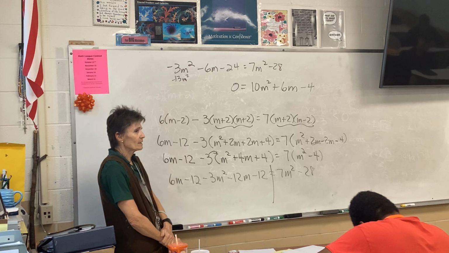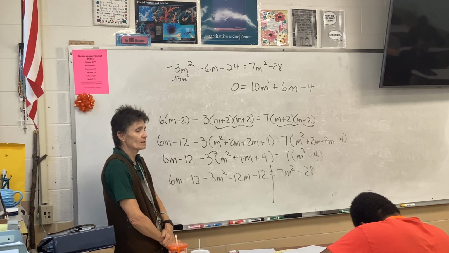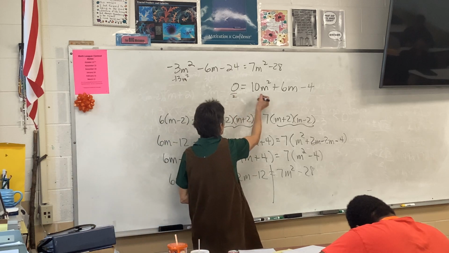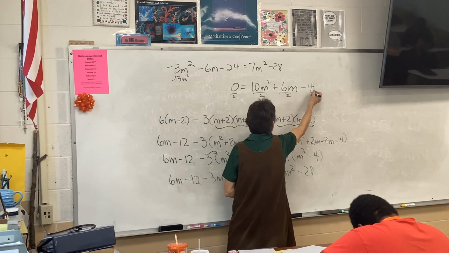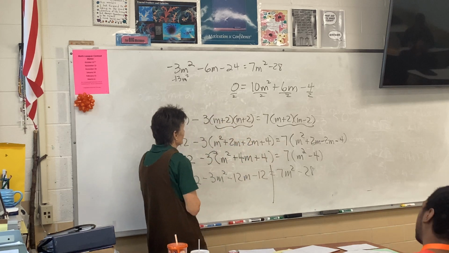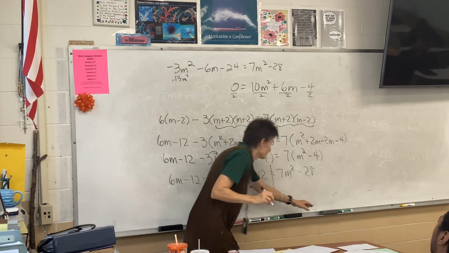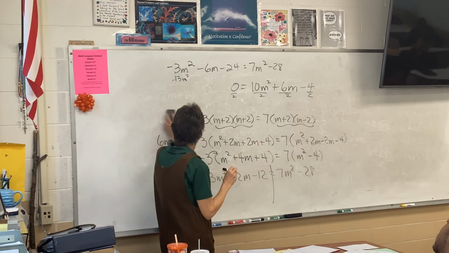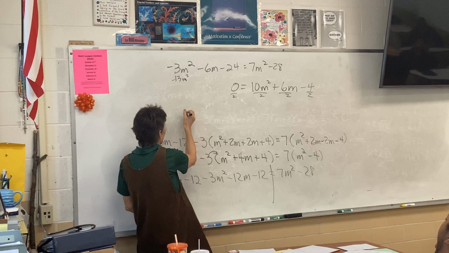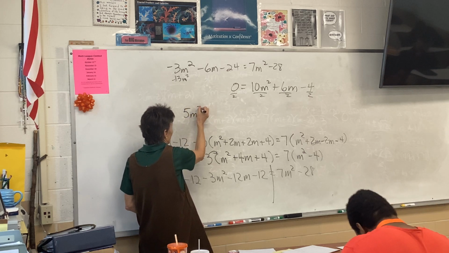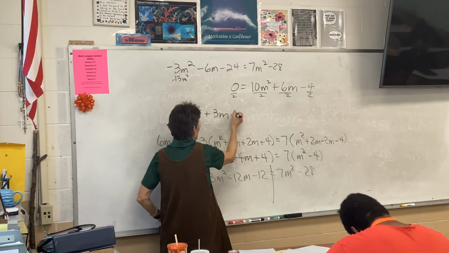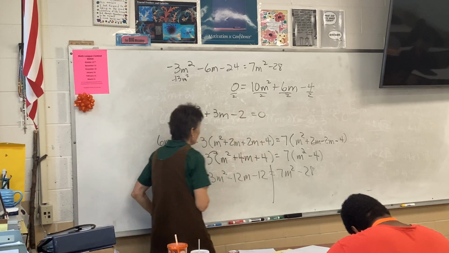Can we divide everything by 2 and maybe make our numbers a little bit better? So now I have 5m squared plus 3m minus 2 equals 0.